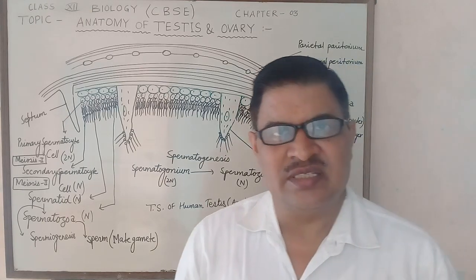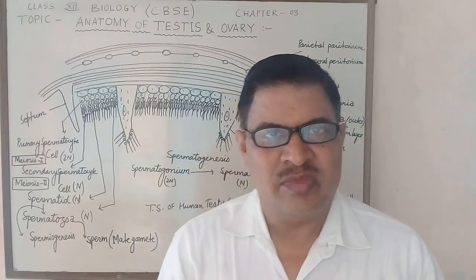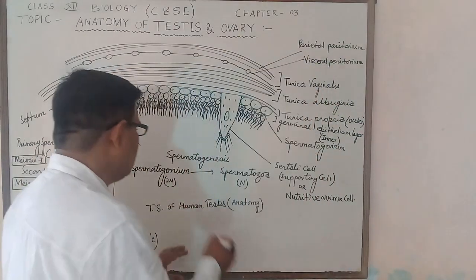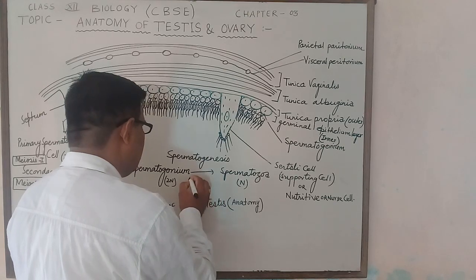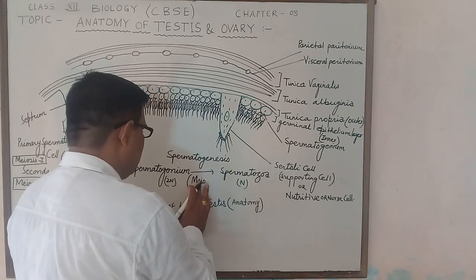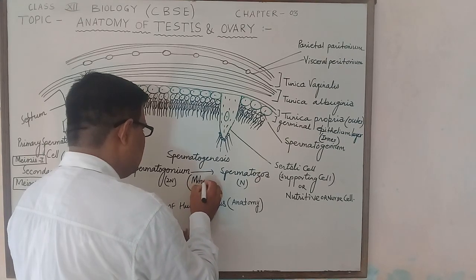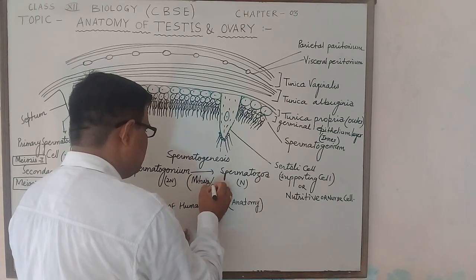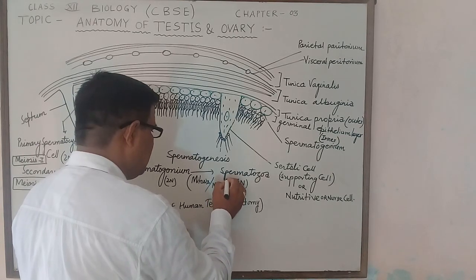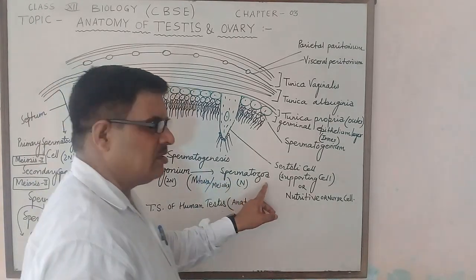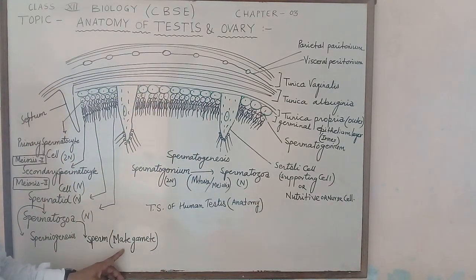So in spermatogenesis, the diploid cell spermatogonium, through mitosis as well as meiosis, produces the spermatozoa, which is called sperm or male gamete.